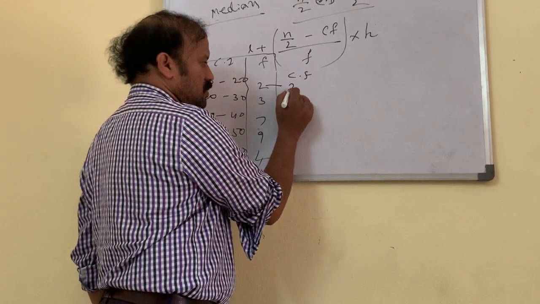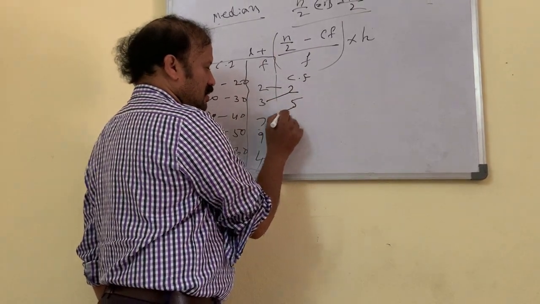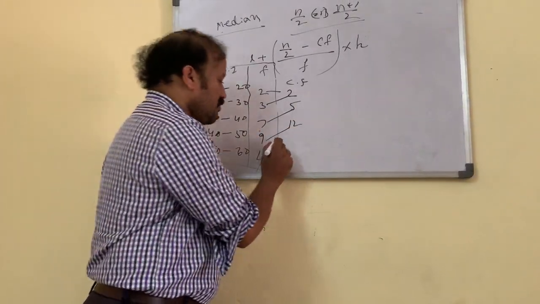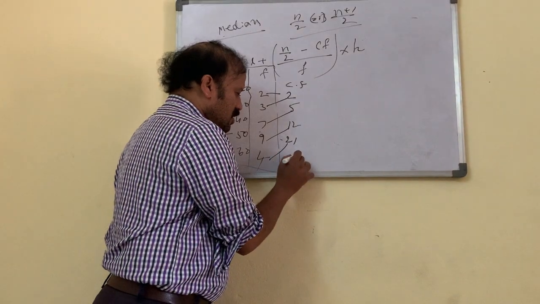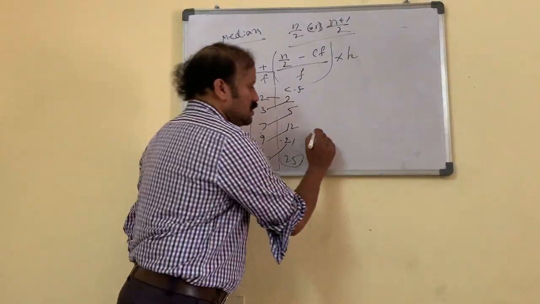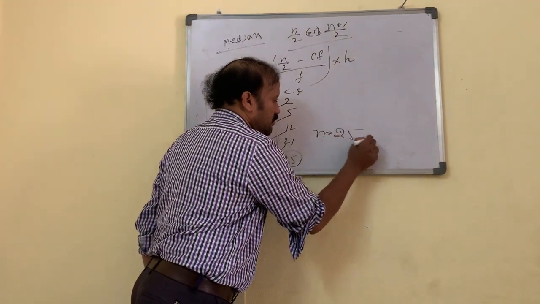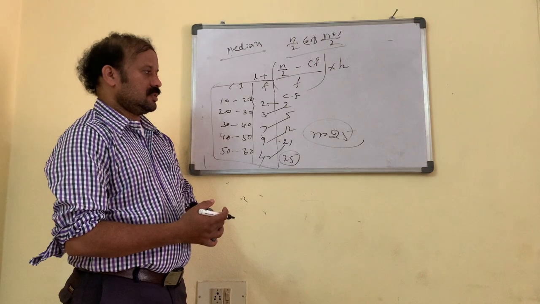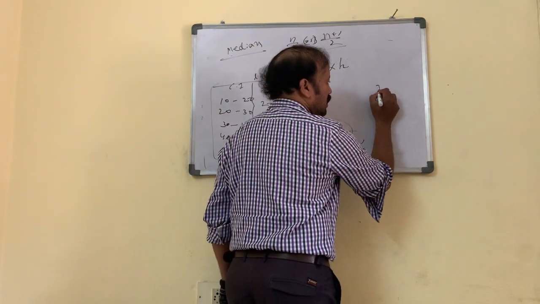As it is, the number 2. Add 2 plus 3 is 5, 5 plus 7 is 12, 12 plus 9 is 21, 21 plus 4 is 25. The last one is called the n value, so n equals 25. Then you have to do n by 2.